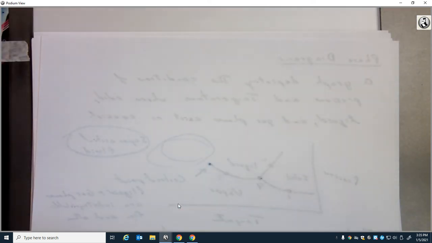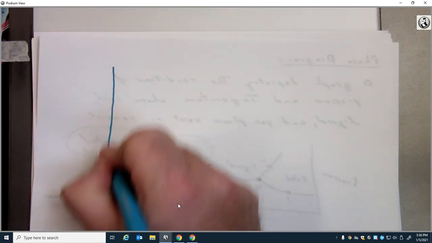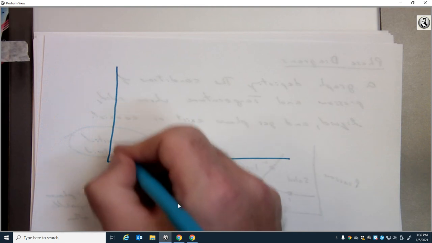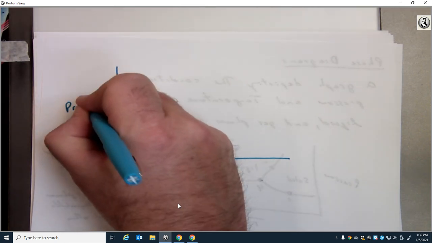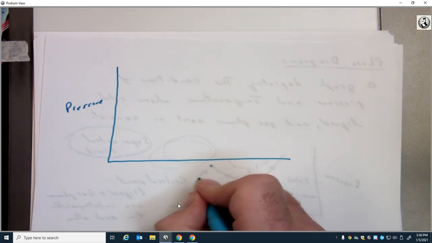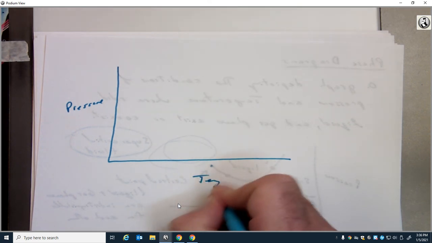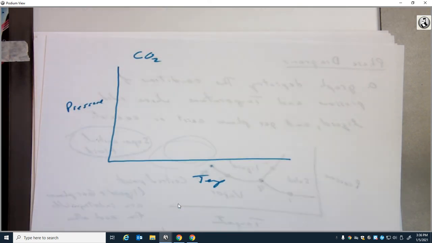So just for fun, I'm going to try to draw the graph of CO2.